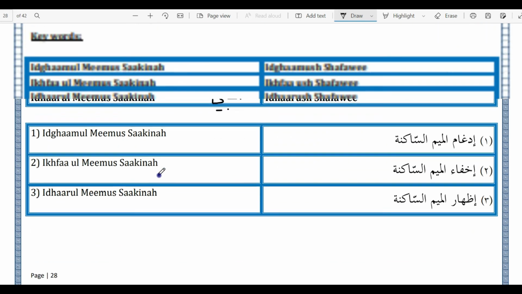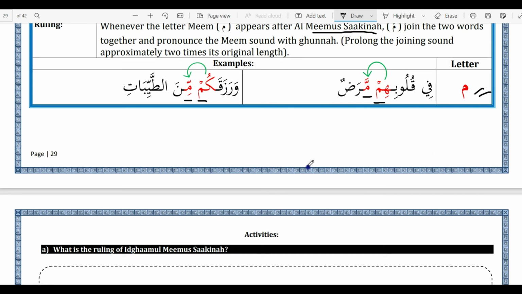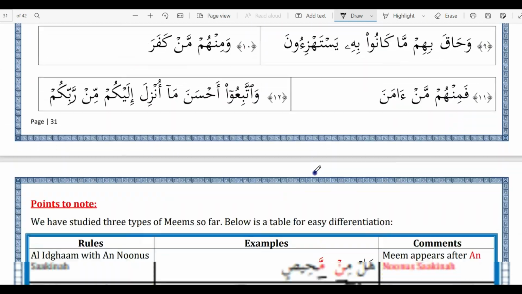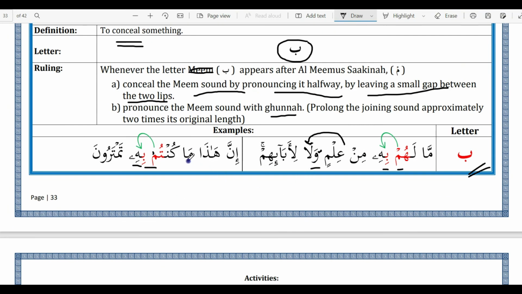The next one is Ikhfa'ul Meemus Saakinah, and that is whenever ba comes after Meemus Saakinah, we pronounce the meem sound halfway, and we stretch the meem sound approximately two times its original length.